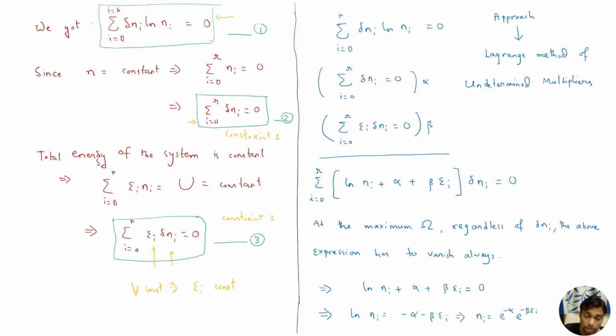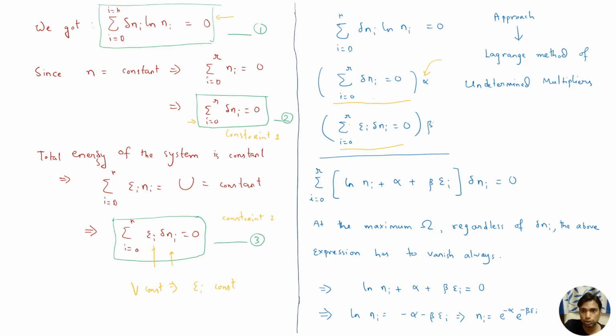So what we do is we multiply each of these constraints with certain multipliers. If you look at the right side panel, this is one constraint which fixes the number of particles, and this is another constraint which fixes the total energy. We are multiplying these constraints with unknown, undetermined multipliers, alpha and beta.